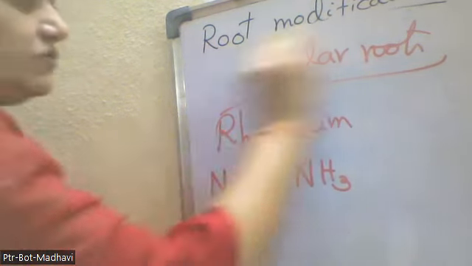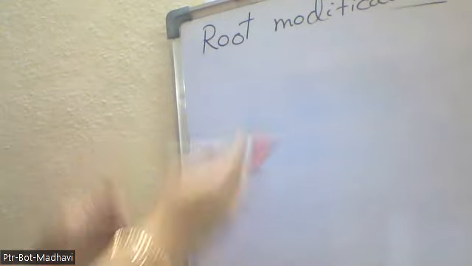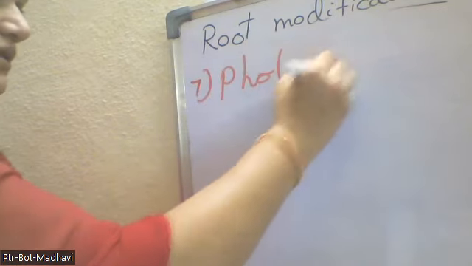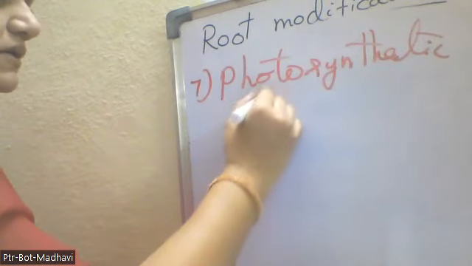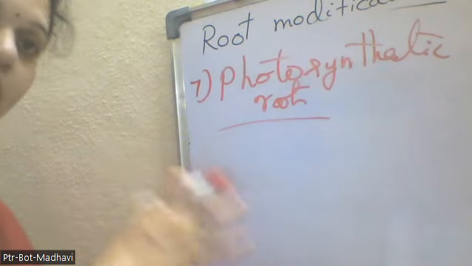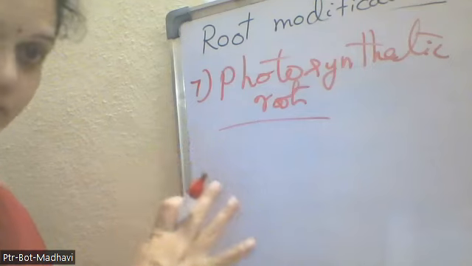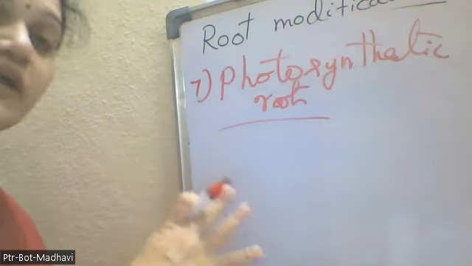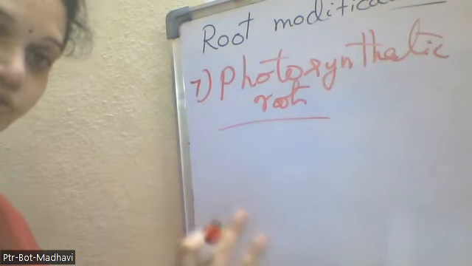And the seventh one is the photosynthetic roots. In some plants, roots will grow above the soil and attain green color to do photosynthesis. Especially these plants will not have leaves on the stem. That is the photosynthetic roots.